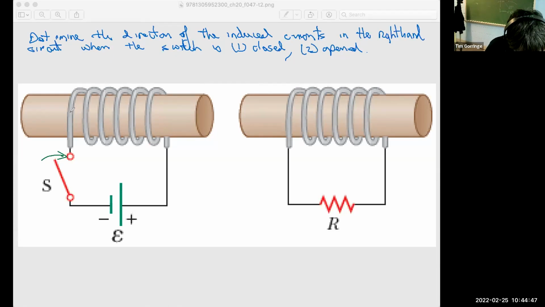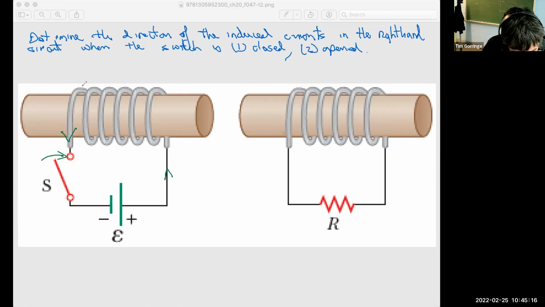Firstly, let's recognize that the battery down here, positive terminal on the right, negative terminal on the left, the current will flow from the positive terminal around the circuit through the switch to the negative terminal. So it's flowing upwards on the right-hand side of the left-hand circuit, and then it will flow downwards on the left-hand side of the circuit.